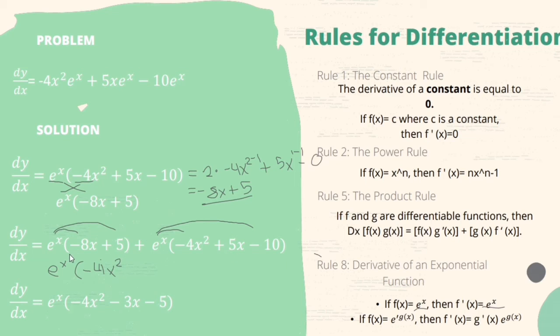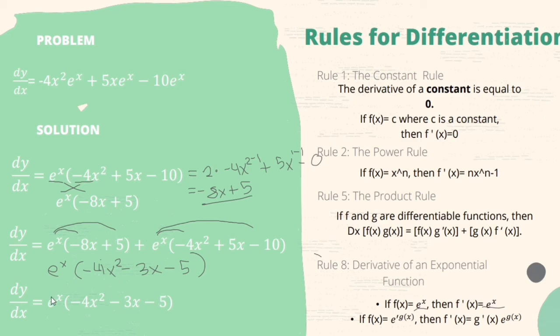And the one at the same degree, we have negative 8x plus 5x, that's negative 3x. And then as for the last term, we have 5 and negative 10, that's negative 5. So that's identical with here.